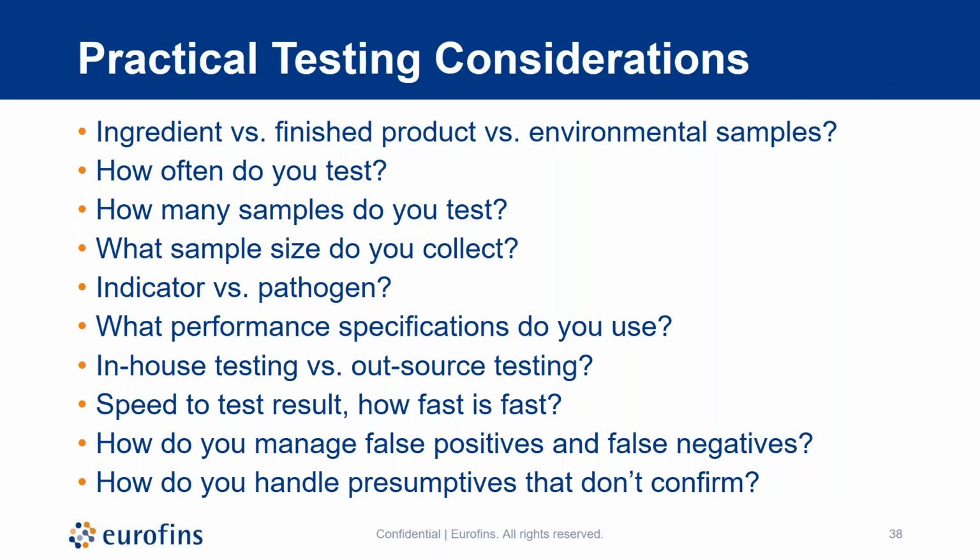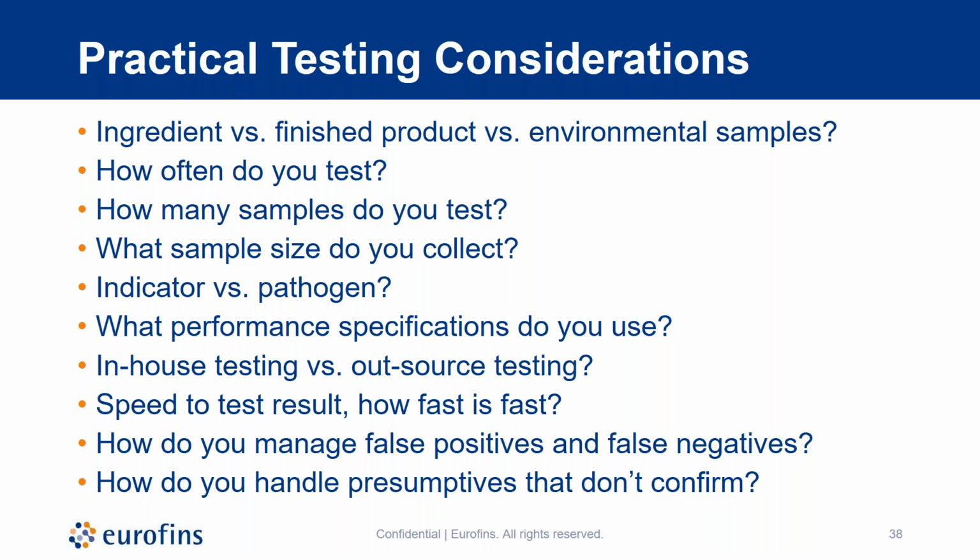When you're thinking about the materials that you're going to be testing, you have a lot of choices to make. If you're doing supplier verification, you're looking at your raw materials and your ingredients. If you're looking at in-process or finished product testing, you're probably dealing with a more complicated matrix than a simple ingredient.